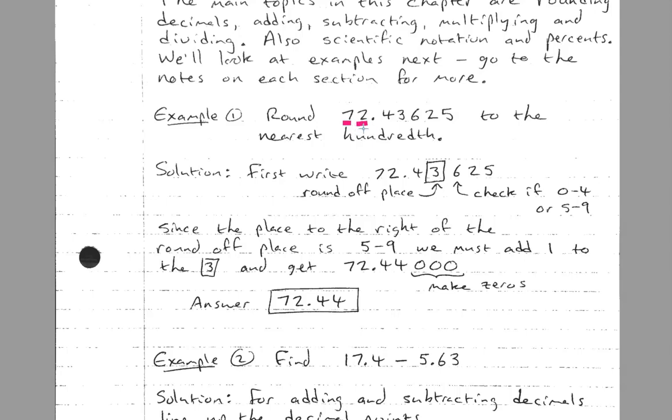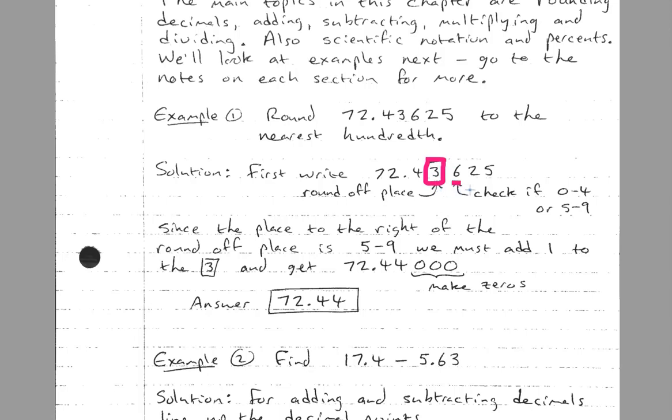This is 7 tens, 4 tenths, 3 hundredths, 6 thousandths. But here we want to round to the nearest hundredth. So this is the hundredths. So that's the round off place.